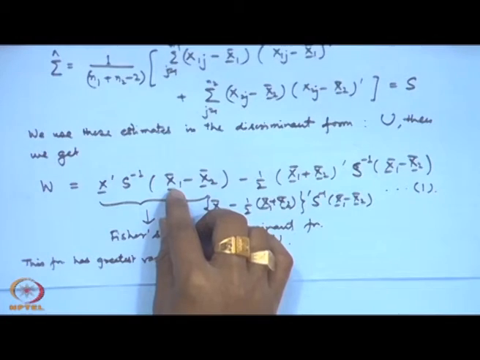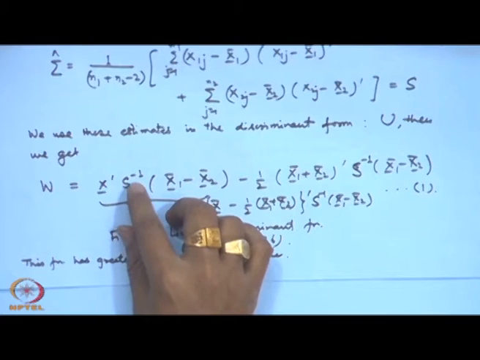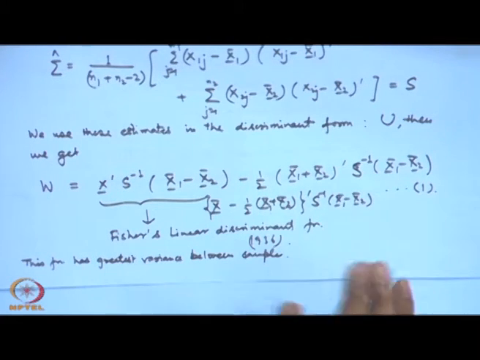Exact distribution is quite complicated, but if we look at the expressions here, since the expression of the criteria is involving, for example, you look at W here. So, if we consider the strong law of large numbers, then x 1 bar will converge to mu 1, x 2 bar will converge to mu 2, S will converge to sigma inverse, and so on.